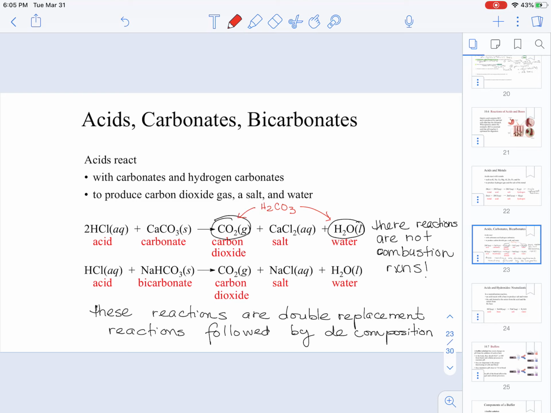Try at home to predict the product of the double replacement reaction between HCl and calcium carbonate, and you will see that the first products are going to be H2CO3 and CaCl2. Then the decomposition portion will be when H2CO3 turns into water and CO2.